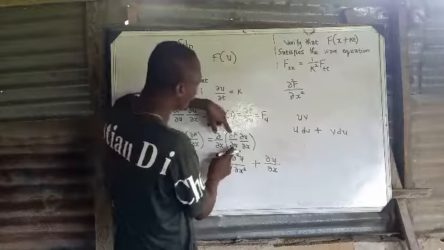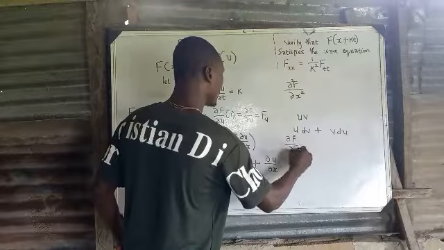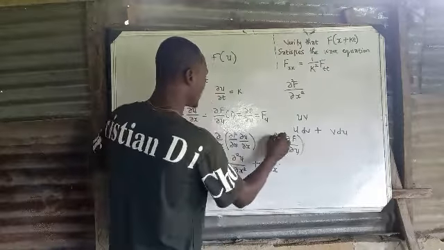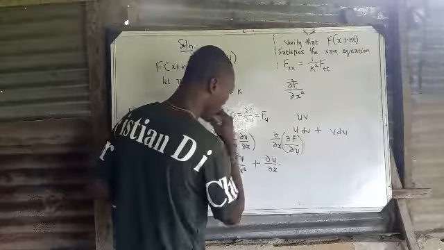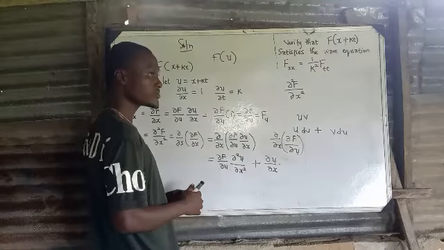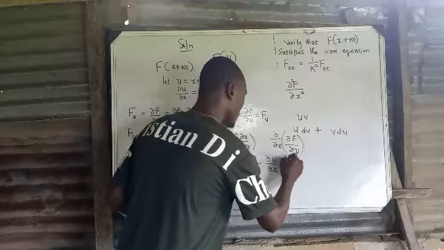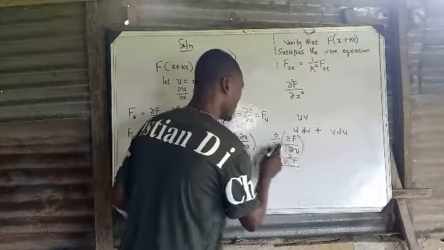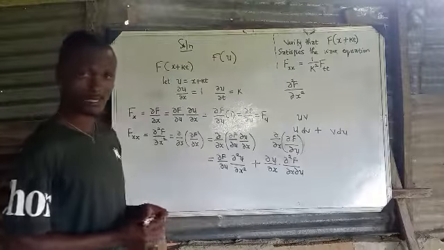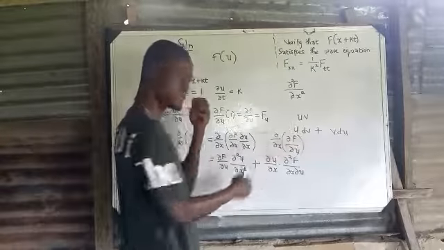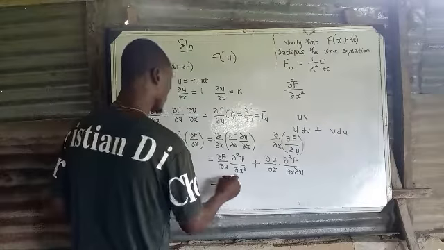We are differentiating this first one with respect to x. So this will be partial square f over partial x partial u. I believe you get it. I expanded this.